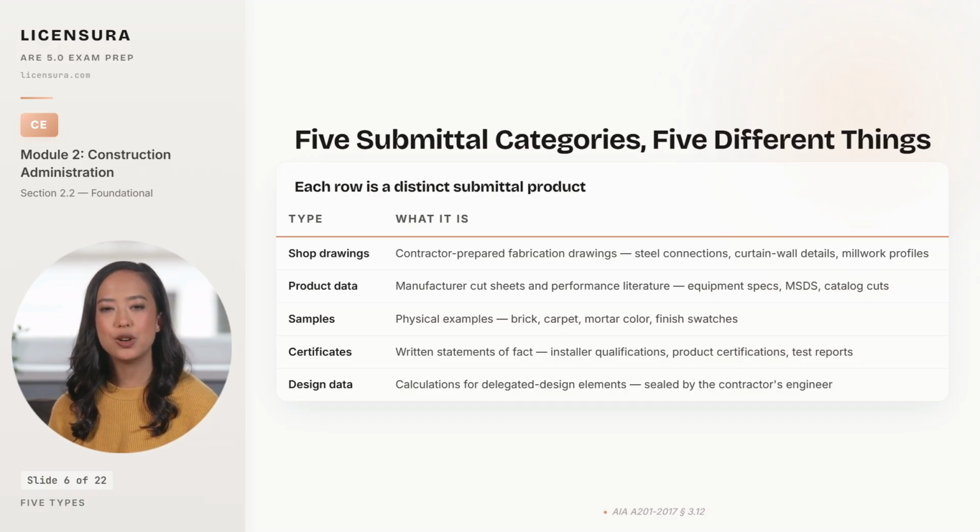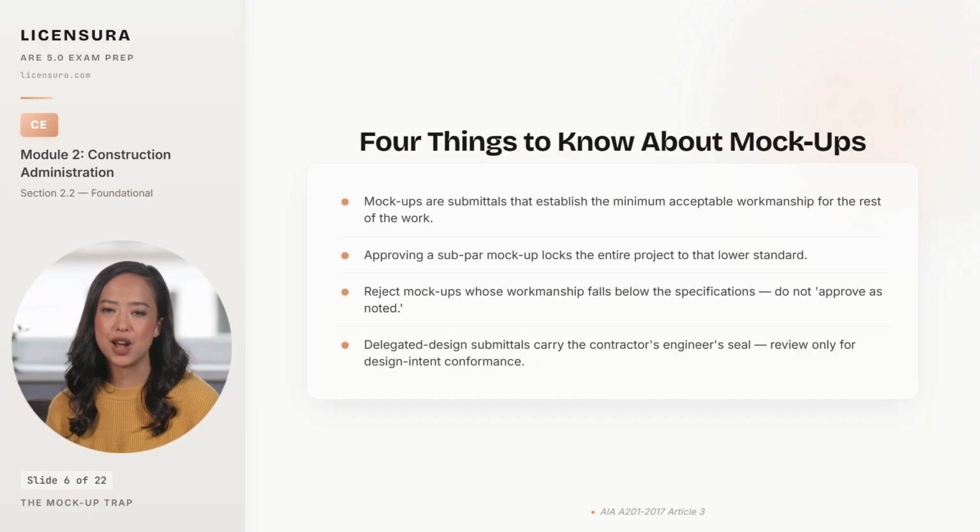One submittal category carries a hidden trap: the mock-up that quietly resets the project's standard of workmanship. Mock-ups are the one category of submittal where a careless review will cost the owner real money for the rest of the project. A mock-up is a physical demonstration, a brick panel, a curtain wall section, a finish assembly, and once the architect approves it, the mock-up becomes the floor for the rest of the work.